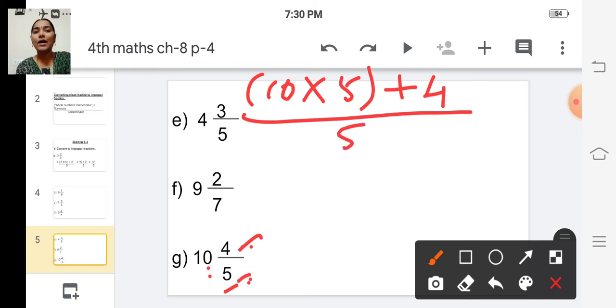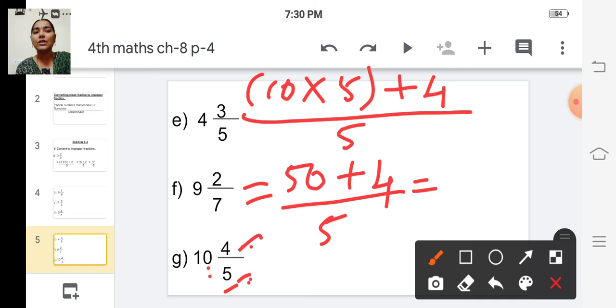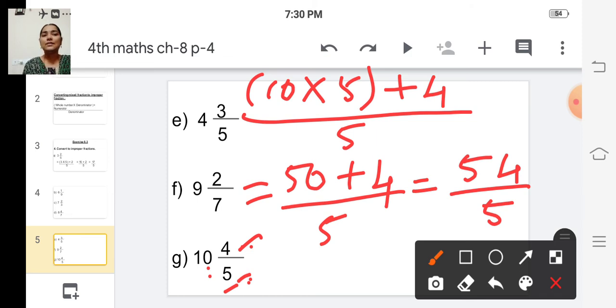Denominator is 5, which is equal to 10 5s are 50, plus 4, divided by 5. 50 plus 4 is 54 divided by 5. So this is the answer. Is it clear? Only thing is you have to remember the formula.